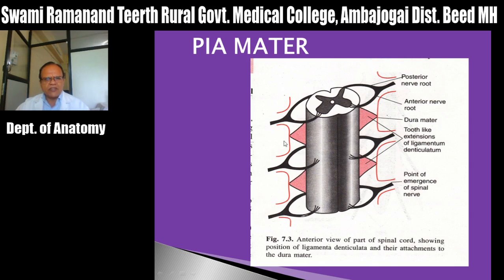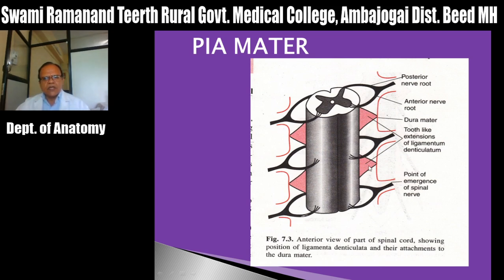Now the space just below the dura mater is called the subdural space, and the space between the dura mater and the vertebral column is called the epidural space. The space below the arachnoid mater is called the subarachnoid space. In the subarachnoid space, this white portion, you have the CSF.